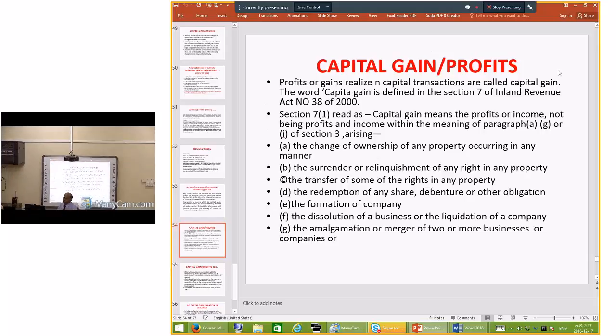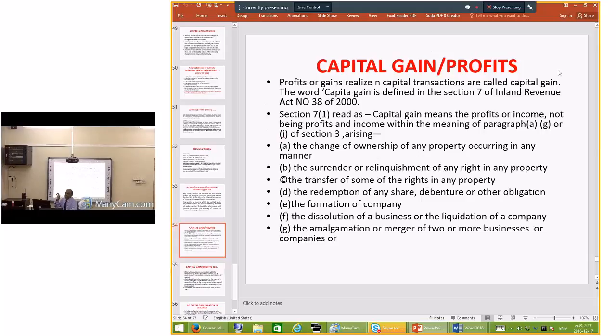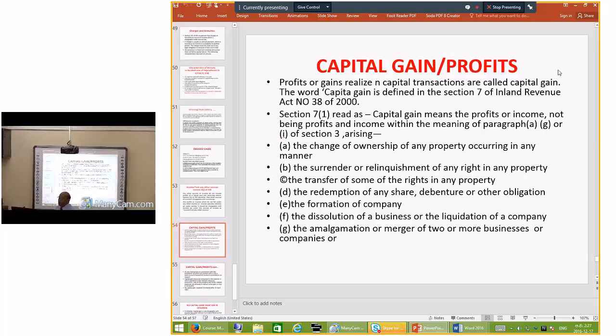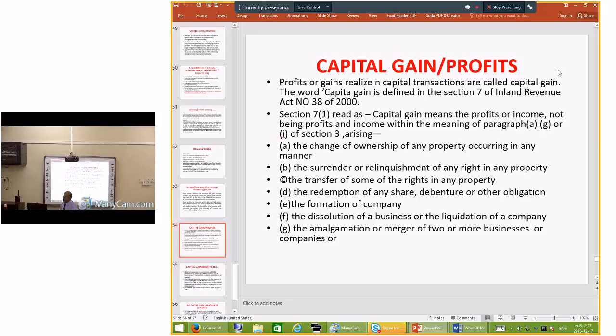Why? These are capital transactions. But capital transactions were not subject to tax under the Inland Revenue Act, No. 10 of 2006. Here all the income has been categorized, but capital gain has not been categorized as a source of income.